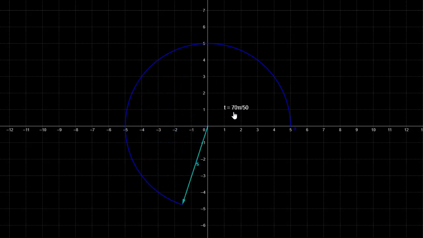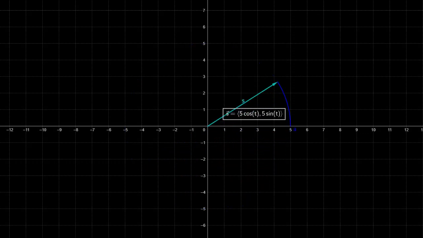Okay, now let's look at what happens when we start changing things. Here is the vector-valued function we're talking about. Let's see what happens if I put negative t's in.